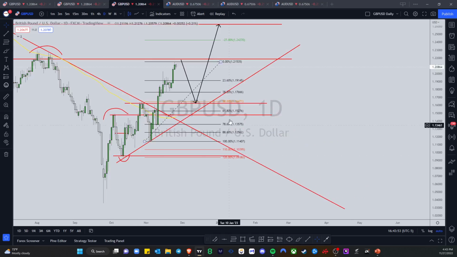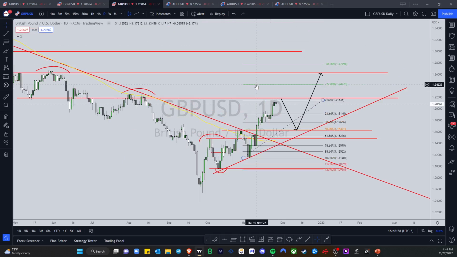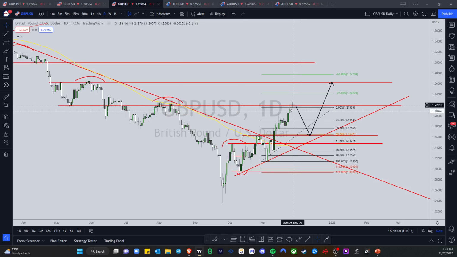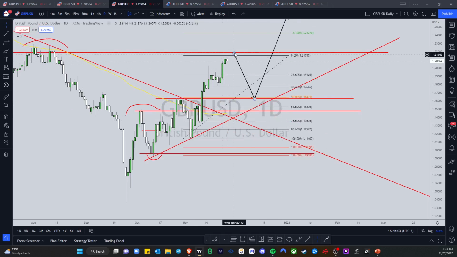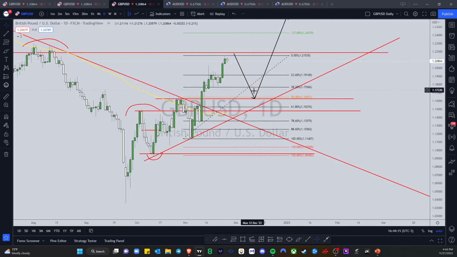So GU is showing a bullish move, but right now it's reaching a level of resistance, so we're only looking for sells. Once it reaches that level of resistance, we take our sell, and then our TP area will be this level of support right here that we're expecting to retest, because it broke this high, right?